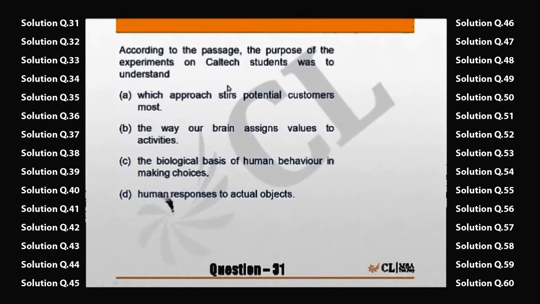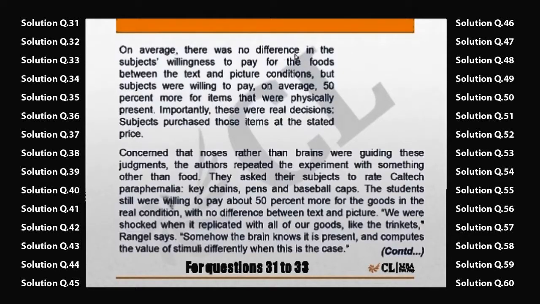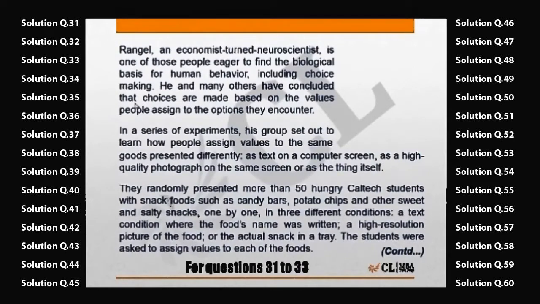According to the passage, the purpose of the experiments on Caltech students was to understand the purpose of the experiment. Let's go back to the passage. It is actually given directly in the passage itself. Here, if you look at this part, Rangel, an economist turned neuroscientist, is one of those people eager to find the biological basis for human behavior, including choice making.